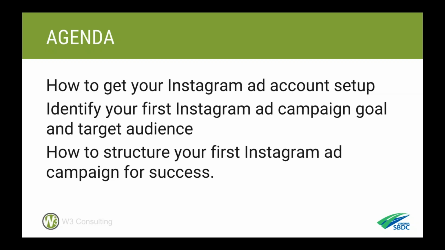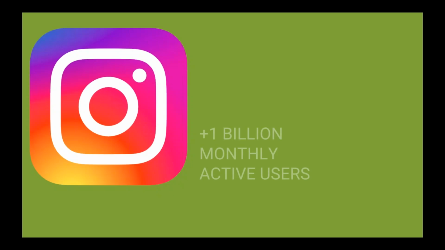Then we'll talk about the structure of your Instagram ad campaign so that you can understand it. I'm going to take you into the interface and we'll set up that first ad so you can see what it's like to do so. You can see what the numbers look like and see what the ads look like in their native format in the preview section. And as I said before, I'll leave a little bit of time at the end for Q&A, and I'll answer any questions that you might have as we make our way along.